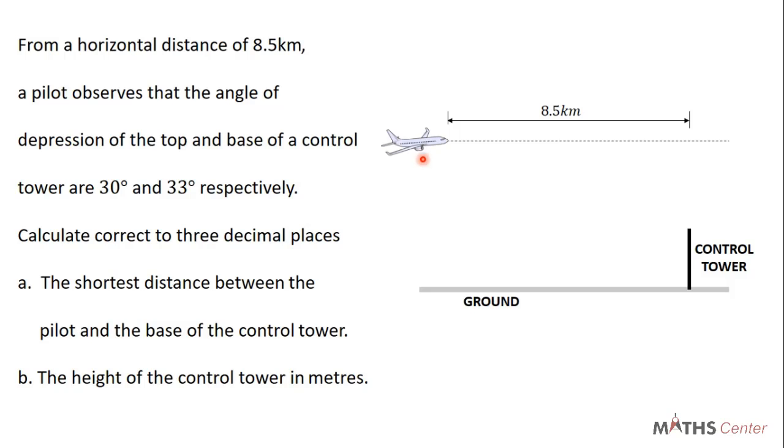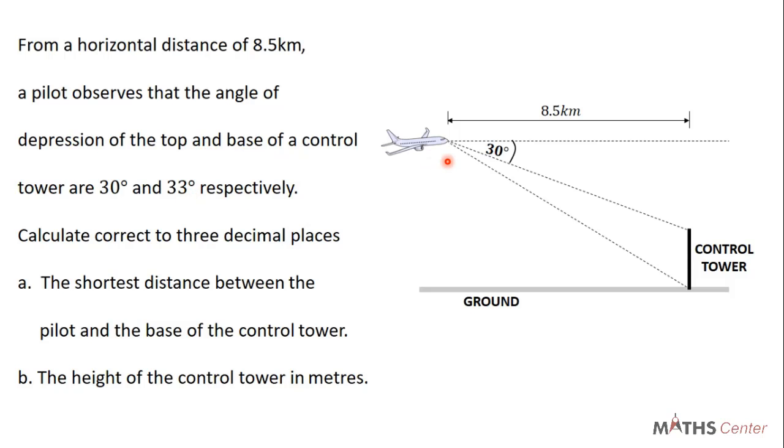The angle of depression of the top is 30 degrees, which means that if we draw a line from the pilot to the top of the control tower, the downward angle from the horizontal is 30 degrees. It also says that the angle of depression of the base is 33 degrees.